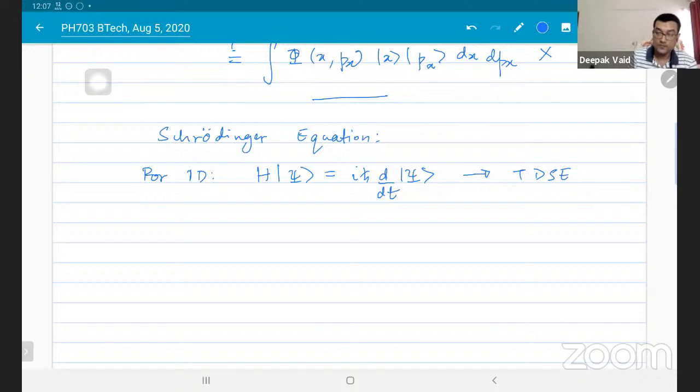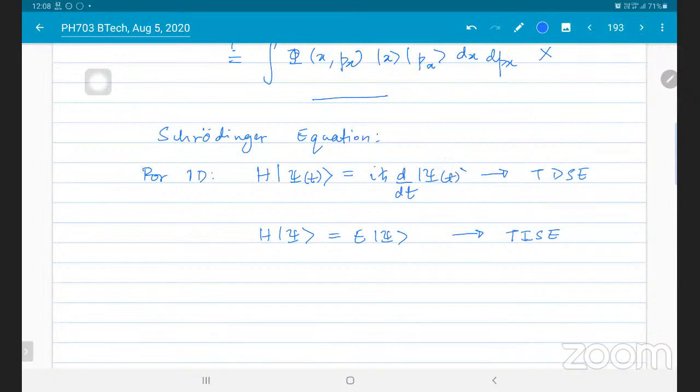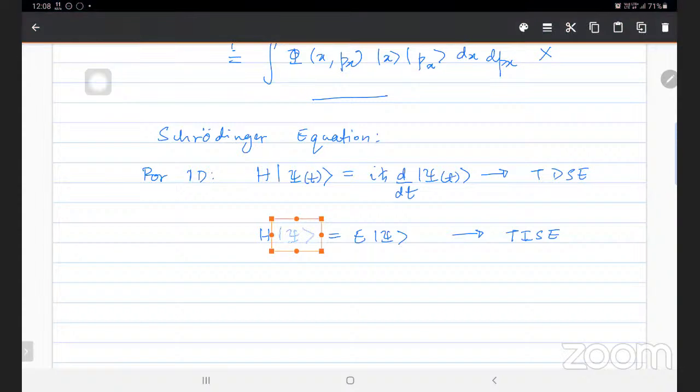And if the state can be written as a time-dependent part multiplied by a time-independent part, in that case, the Schrodinger equation can be written in this way, where this is a time-dependent state, and this is a time-independent state.